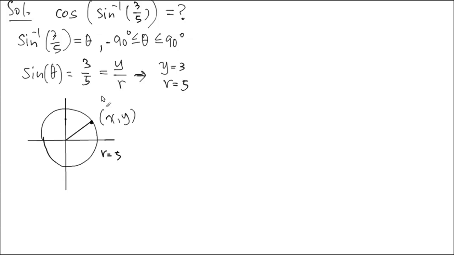How do you calculate the x coordinate? x squared plus y squared is r squared, right? So it's 5 squared. So x squared is 16. So x is plus or minus 4. Because we know it's in the first quadrant, x is a positive 4.